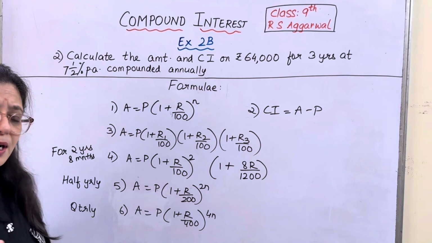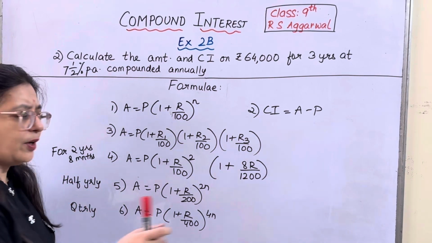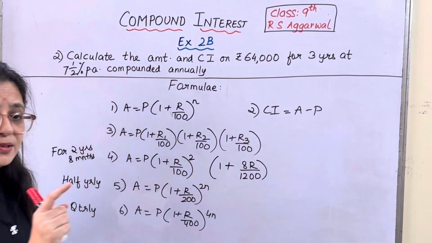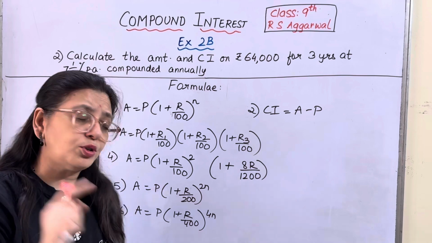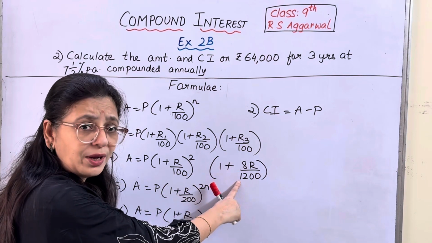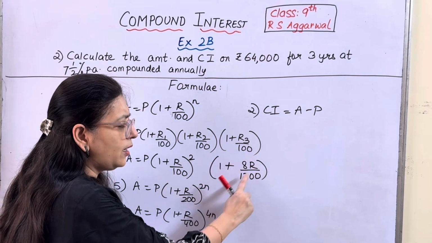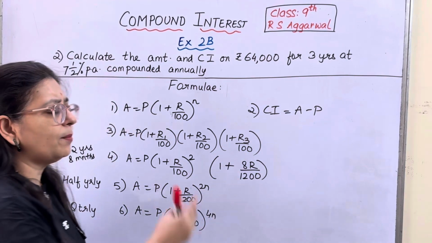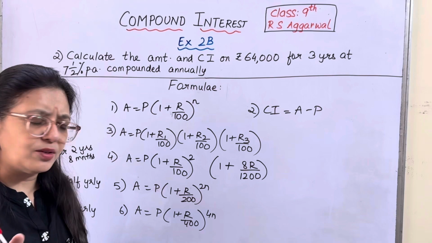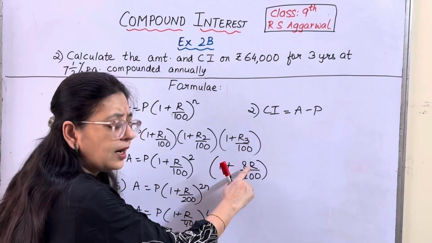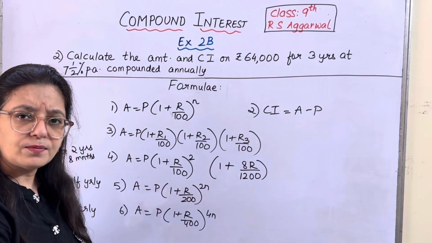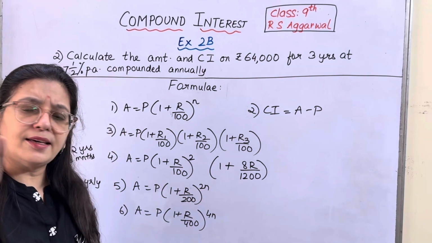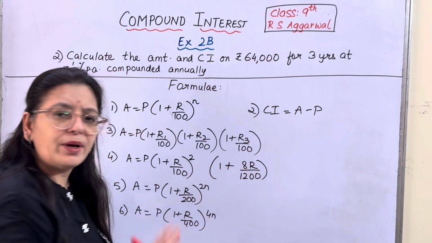Then for the part of 8 months, you write 1 plus the rate for 8 months, so you take 8 upon 12, and 12 comes in the denominator. So 8R upon 12 into 100 would be 1200. For example, if it is 5 months, you write 5R upon 1200. Upon 1200 is important. If it is 6 months, then 6R upon 1200.